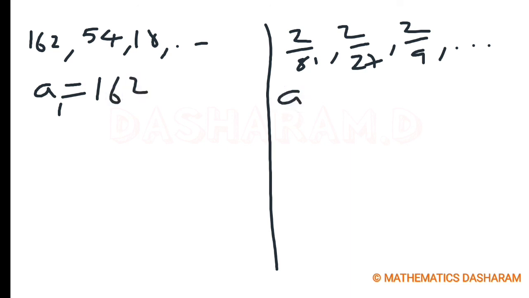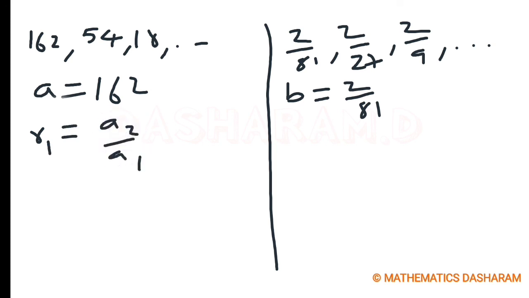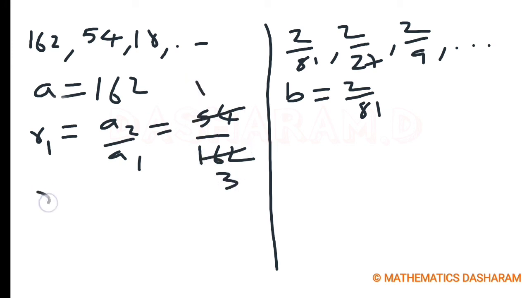In the second, the first term is denoted with B, equal to 2/81. Next, the common ratio R1 equals A2 divided by A1. So A2 value 54 divided by 162. Here 54 ones are 54, 54 threes are 162. So R1 equals 1/3.